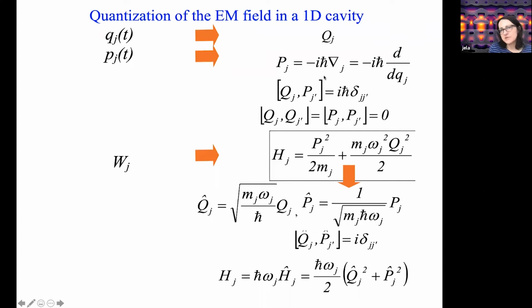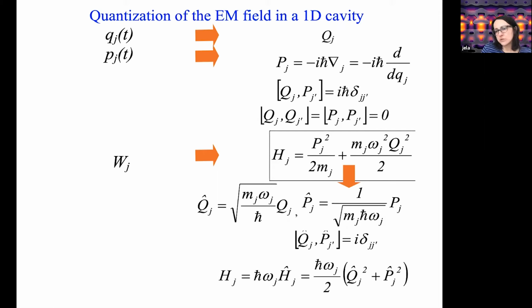And of course, since operators are introduced in this way, the commutator between these two operators would also be equal to i h bar, same as for position and momentum. You can even prove that because they're defined in exactly the same way as the position and momentum operators for the harmonic oscillator. What is important to emphasize here is that those commutation relations hold for one specific mode of the system.